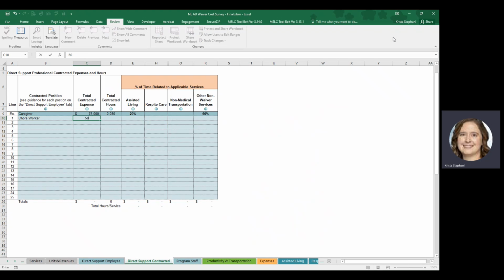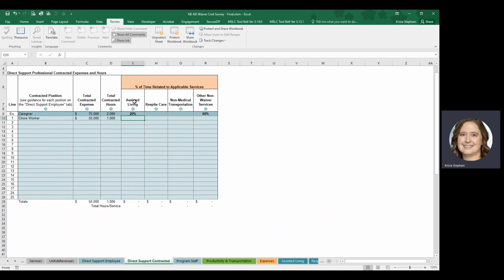So let's say that you had contracted services and paid $50,000 to somebody to provide chore services. You have hours. What we are also asking you to indicate is the percent of time that contractor spent providing services to the services in the titles above.